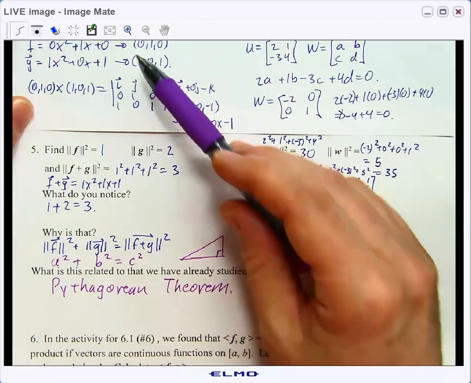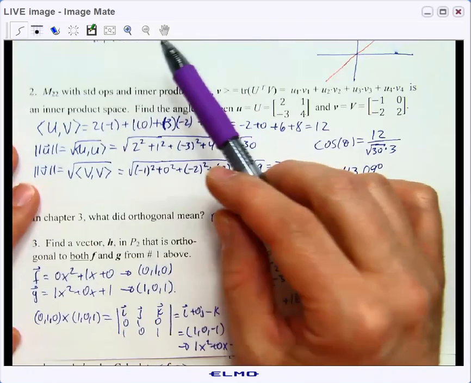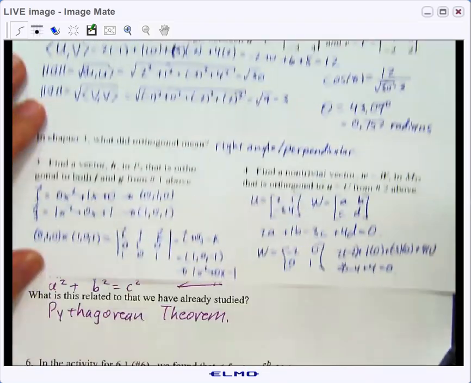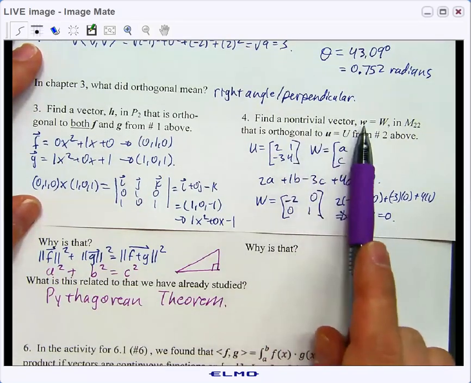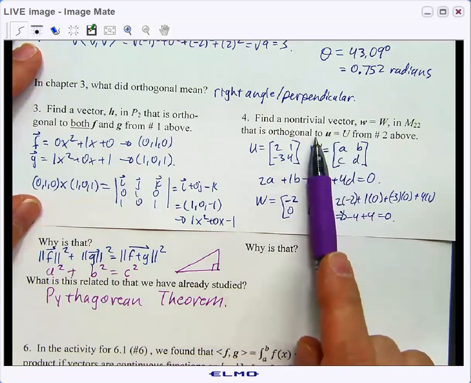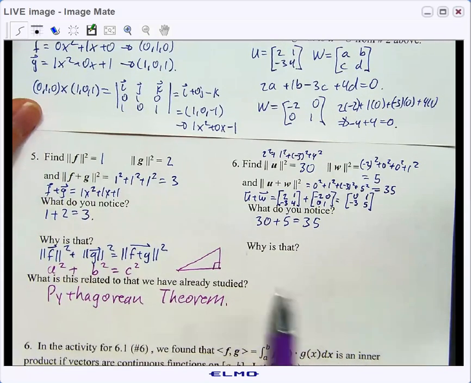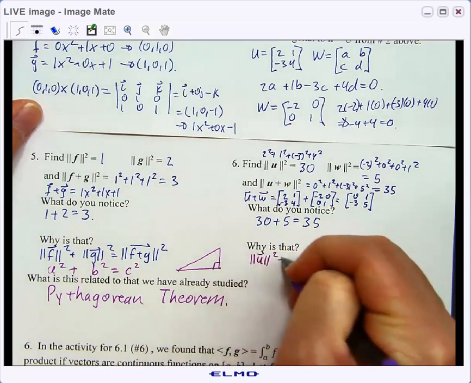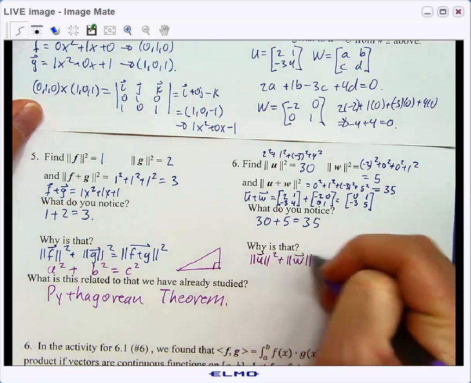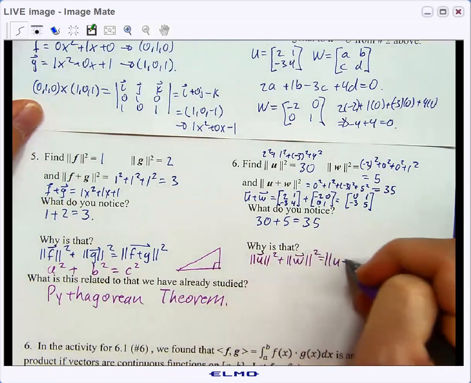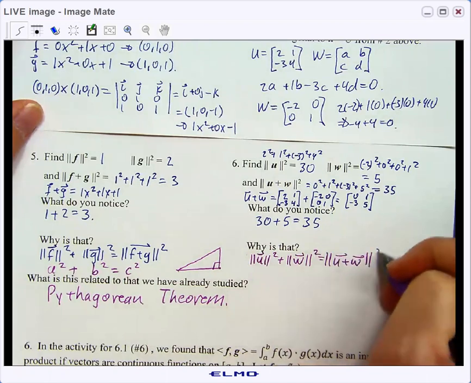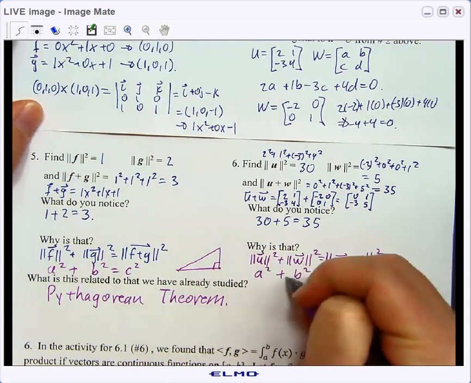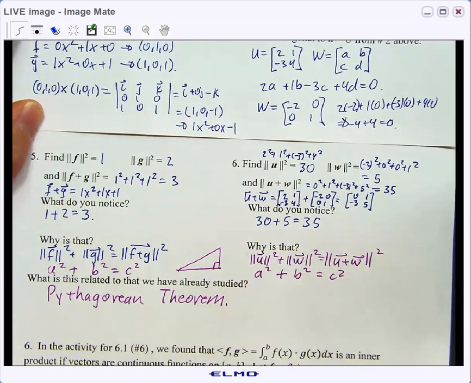We noticed that because f and g were orthogonal, and we forced you to pick a w vector that was orthogonal to the u vector. So you'll notice that happen over here: the magnitude of u squared plus the magnitude of w squared equals the magnitude of u plus w squared, again reminding us of a squared plus b squared equals c squared, which happens on right triangles and only right triangles.